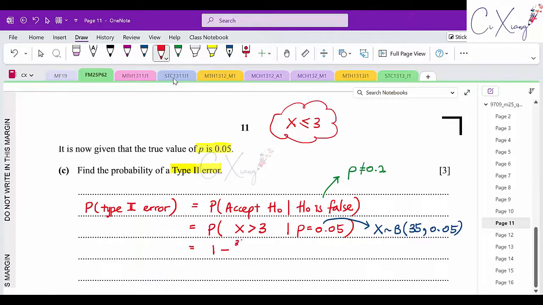So let us start with x equals 0 first. x equals 0 is 35C0, p power 0, q power 35. Then minus x equals 1. Minus x equals 2.